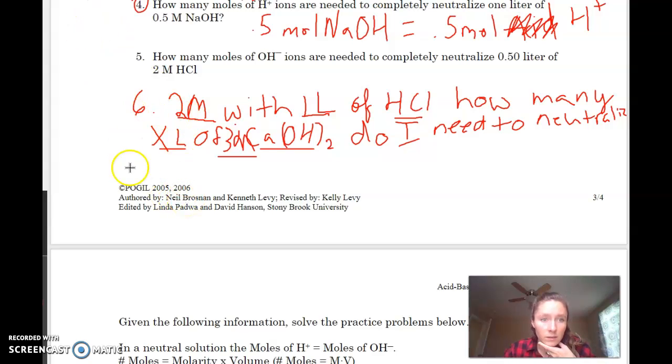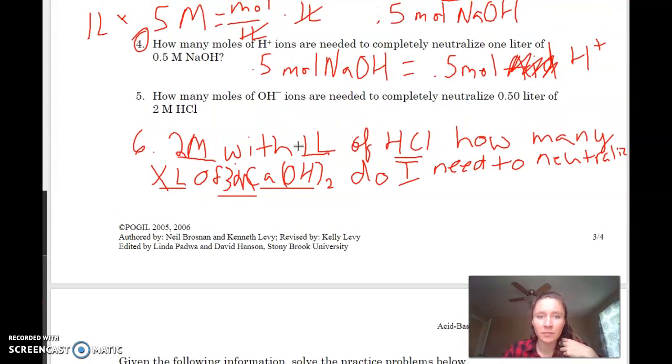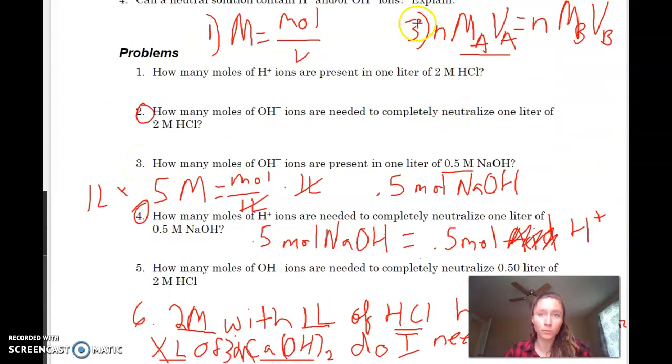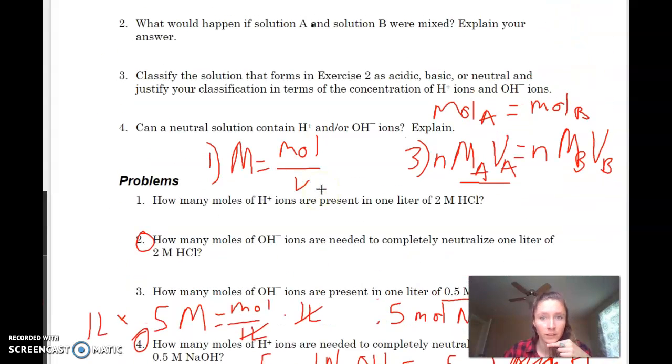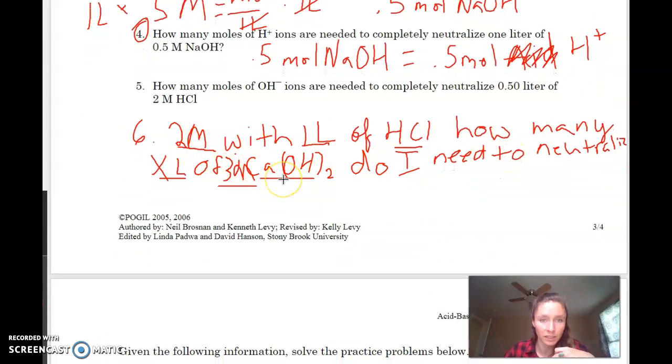Even though I worded this problem kind of weirdly, sorry about that, it's clear to me that I need to use equation 3 because I'm talking about an acid and a base, and I have molarity and volume of the acid and the base.